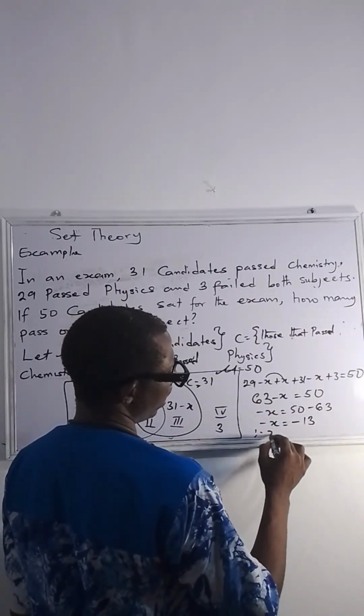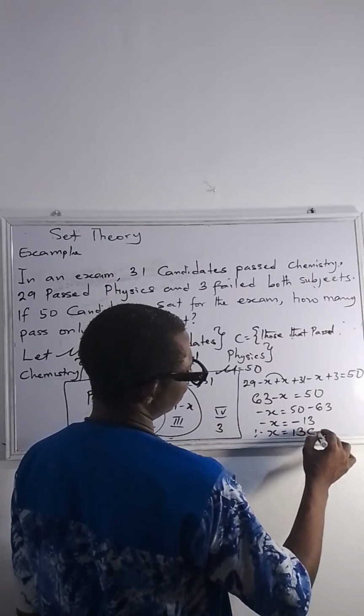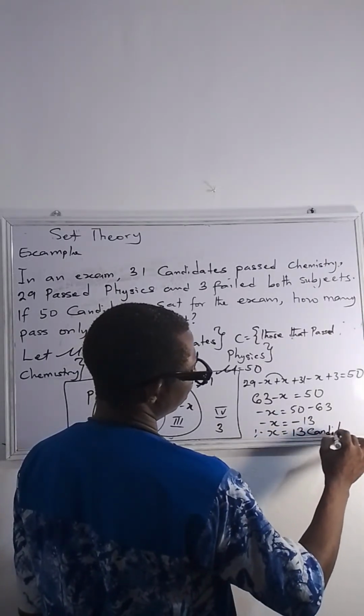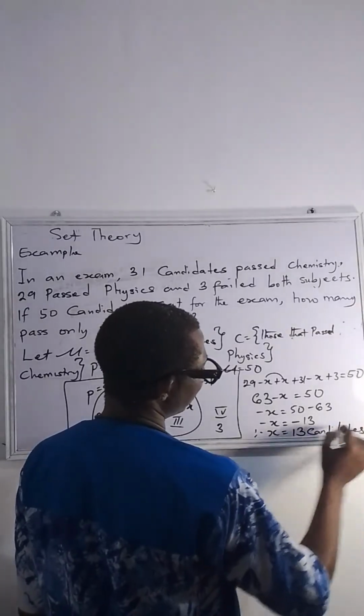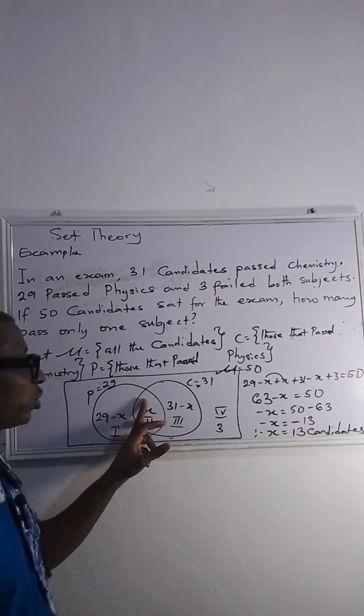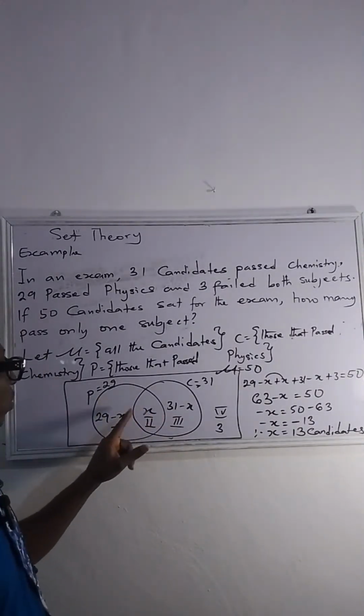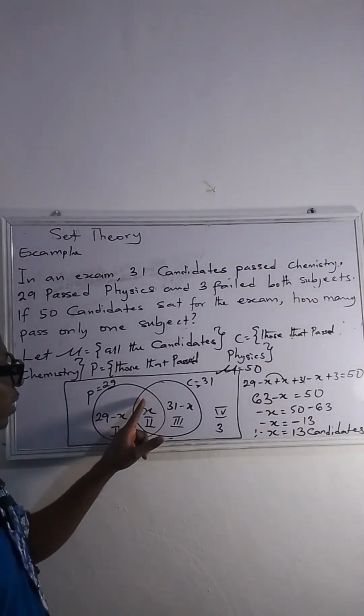Therefore, x equals 13 candidates. So 13 candidates pass the two subjects.